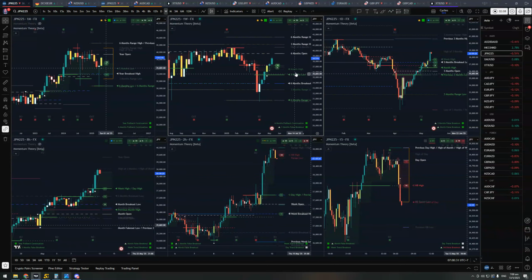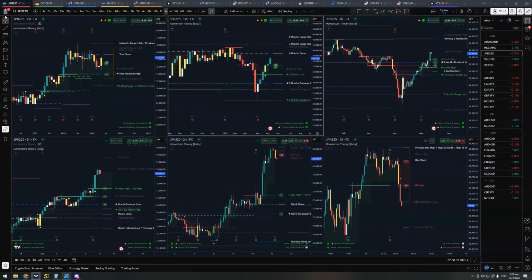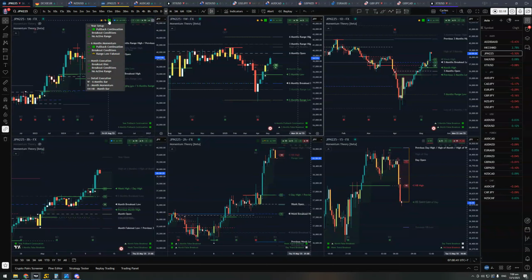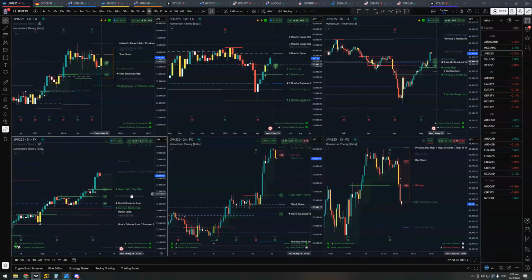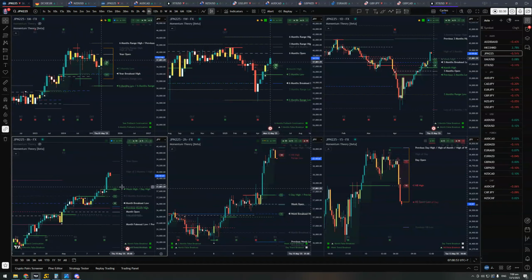So the whole idea now is that I want one of these bars, doesn't have to be all of them, can just be one of them, to be in a good unidirectional cycle. And then when I have all the criteria that I'm looking at, I can use this as my higher time frame bias, and then I can drop down to lower time frames and trade in the direction of the higher time frame. So on the monthly bar, I trade that monthly bar on the H4 or H8.